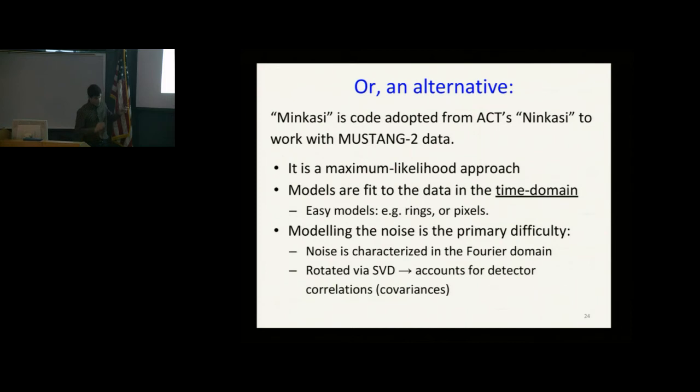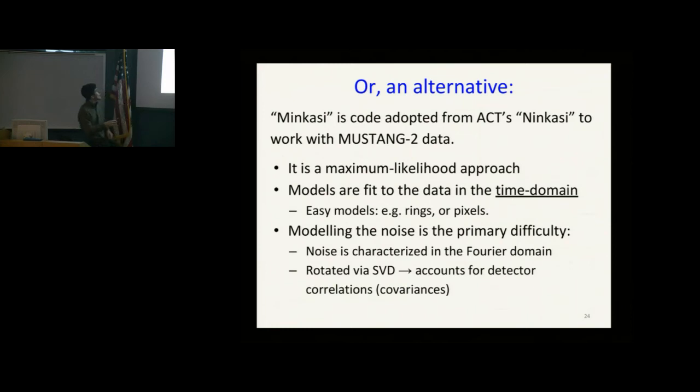Here's just going into how that works. Rather than doing a typical common mode subtraction, where the idea is you're on the source, off the source, and what you see in common is the Earth's atmosphere, you can just subtract that out as a mean across all detectors.